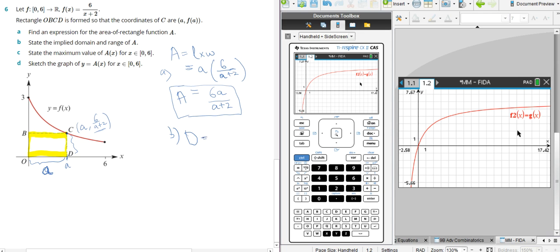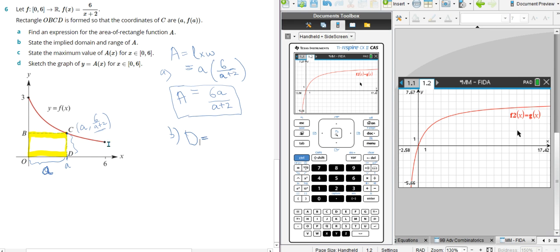But then think about the question that we have. The function that we got the area from starts at 0, stops at 6. So our x value, the A value, is restricted to a maximum of 6. A cannot be more than 6 because this is what the function states. The dimensions of our length and width are coming from f of x.